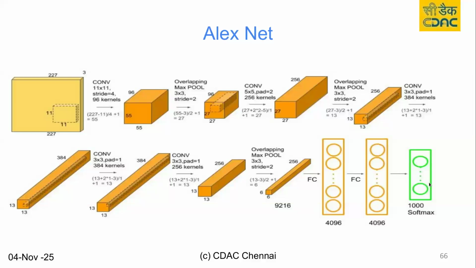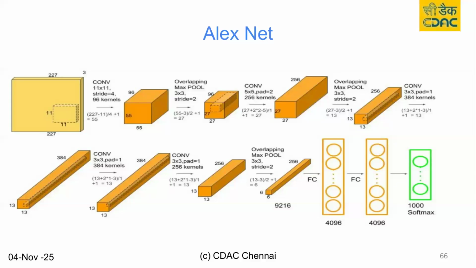And there is an output layer of 1,000 neurons. Each of these 1,000 neurons will tell the probability of whether a car is present in the 227 cross 227 cross 3 input image, or a bike is present in the input image, like that. Each of these 1,000 neurons represents one of 1,000 different object names of the data set. This neural network was trained for maybe 2 weeks to create AlexNet.